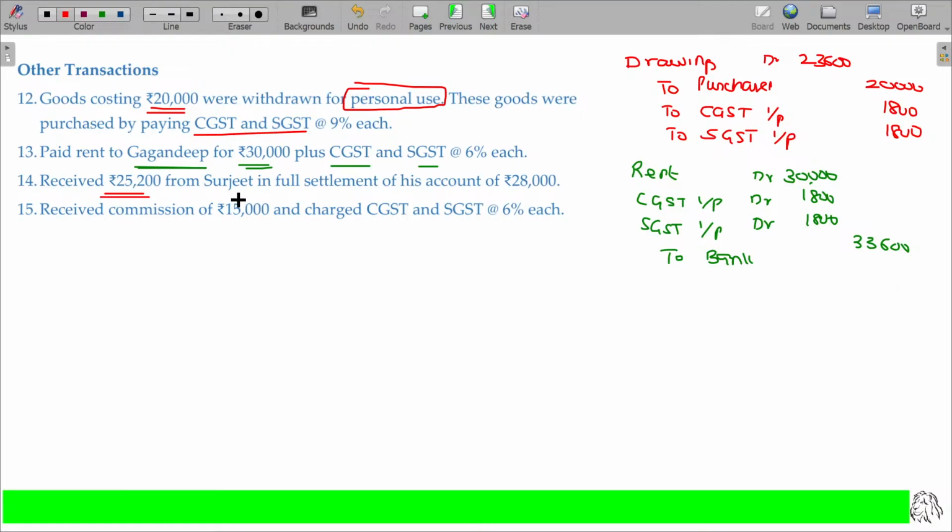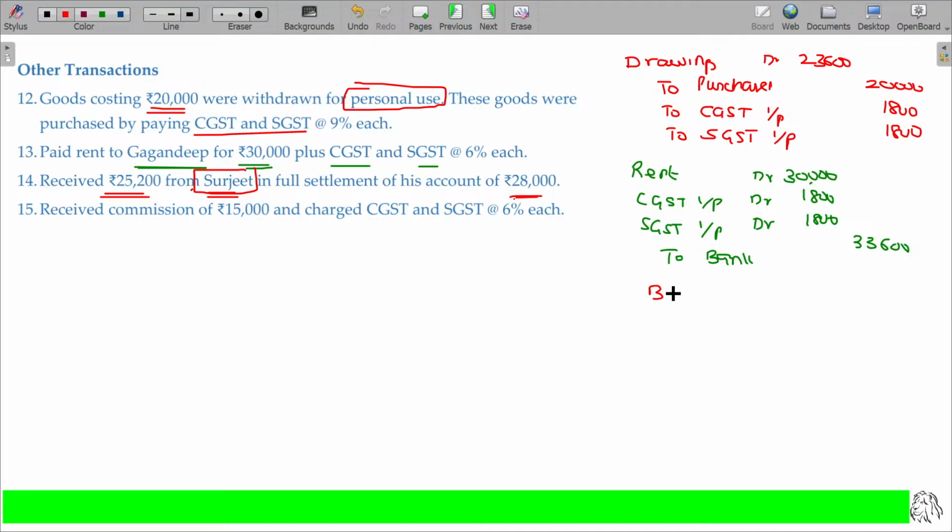Received 25,200 from Surjit in full settlement of his account 28,000. So we have made the payment lesser. The amount payable to Surjit is 28,000 but paid only 25,200. The journal entry being we are receiving the money from him. So the difference between these is discount.